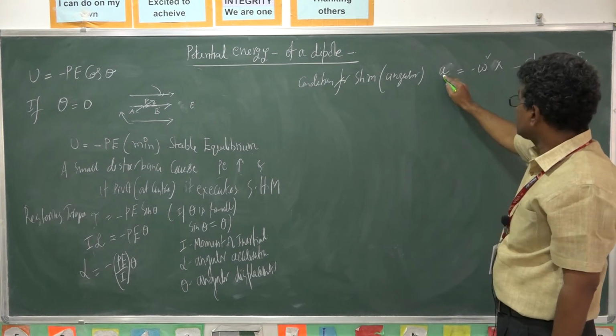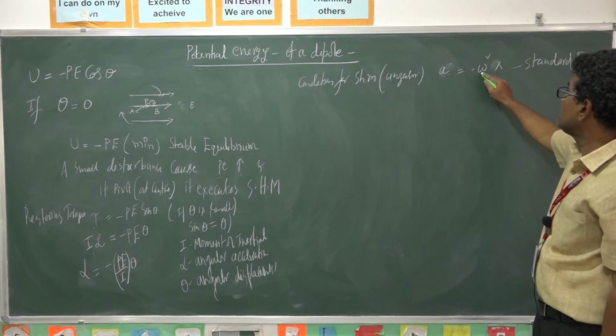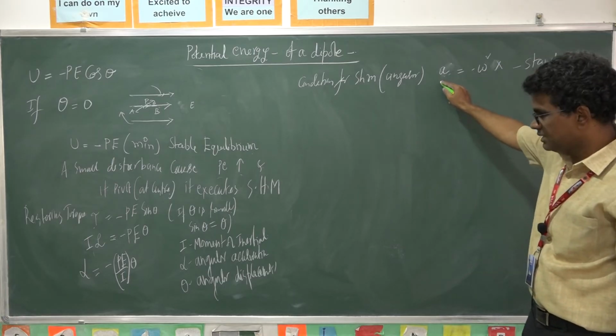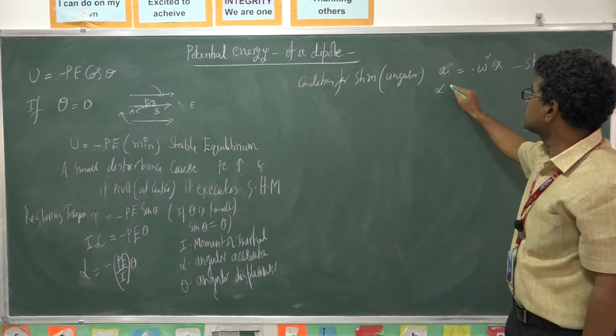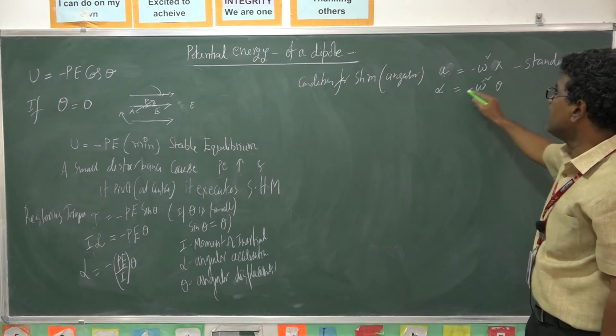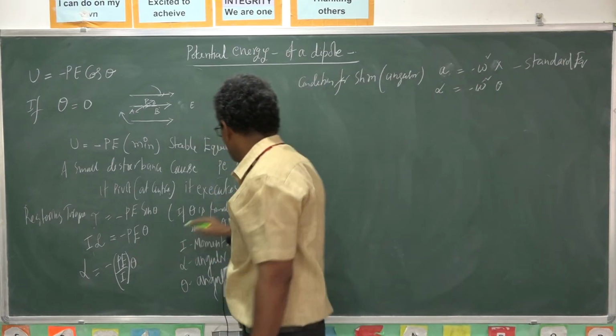Here a is linear acceleration, omega is angular velocity, and x is linear displacement. The similar equation for angular SHM is angular acceleration alpha equal to minus omega square theta.